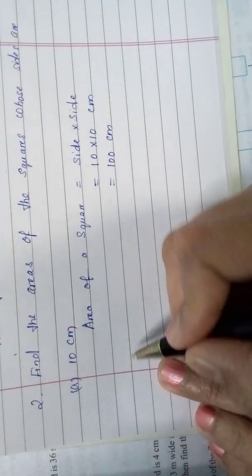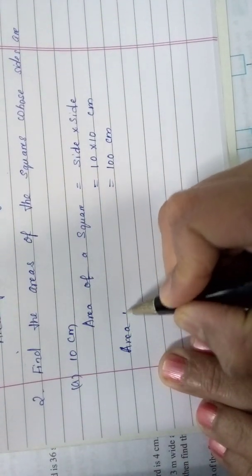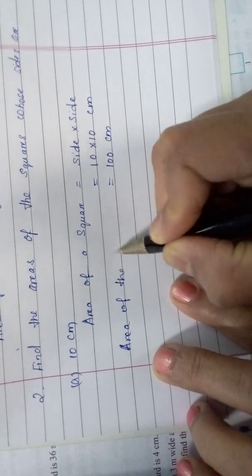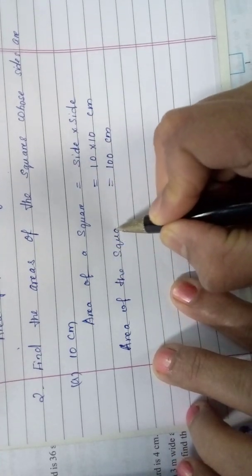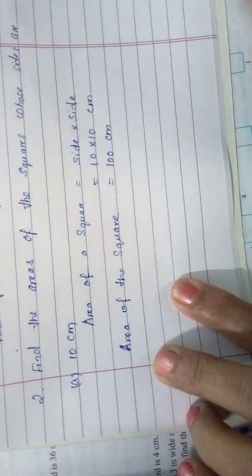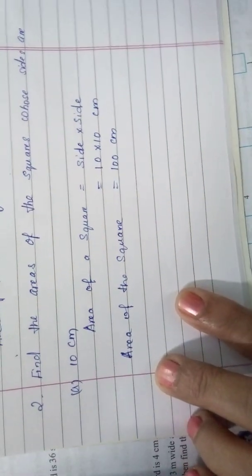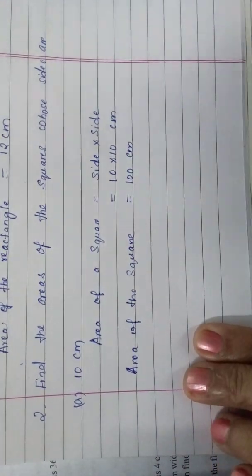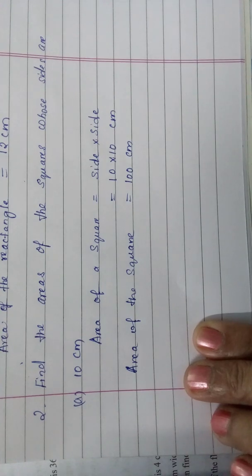So, the area of the given square having the side 10 centimeter is equal to 100 centimeter. Understood children? In this way using the formula we can find the area. So, like this you do the remaining sums.